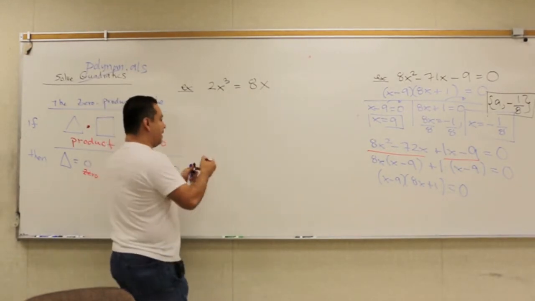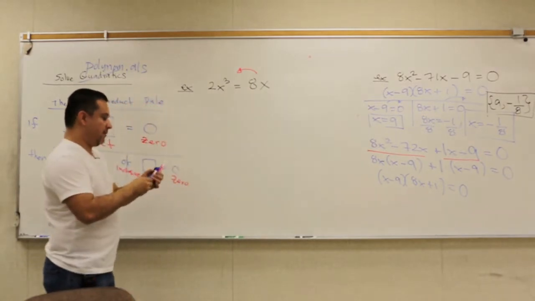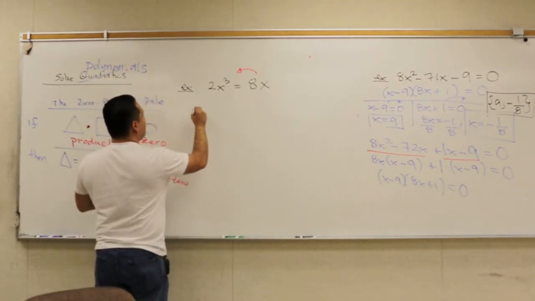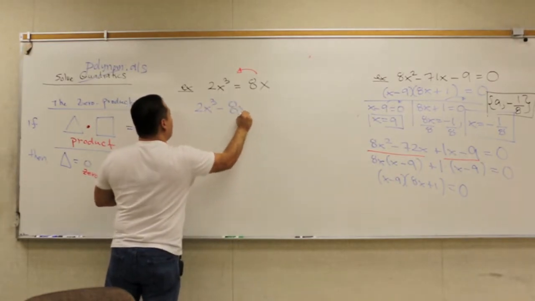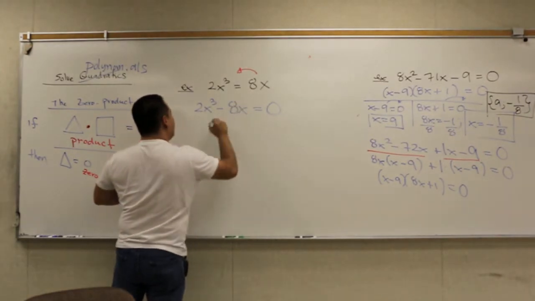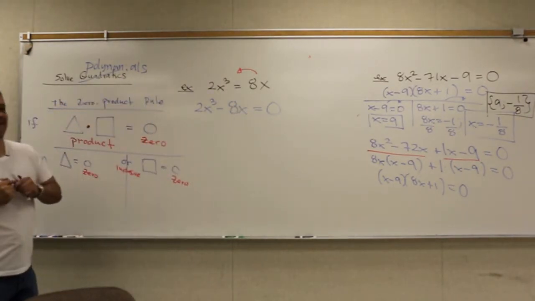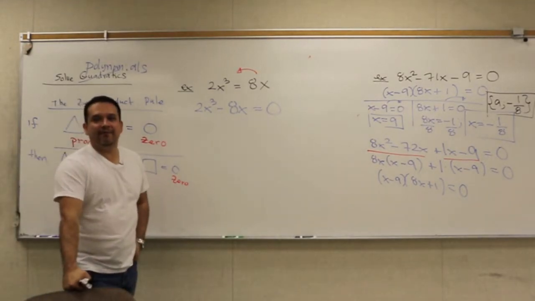So translate your 8x. Two x cubed minus 8x equals 0. Okay, you okay with that?